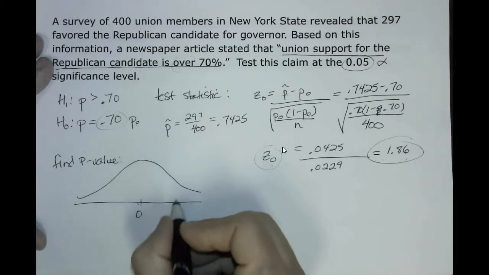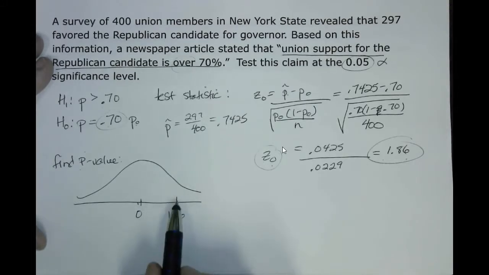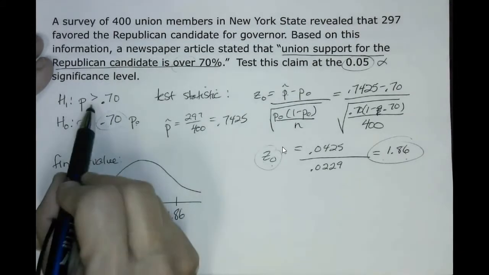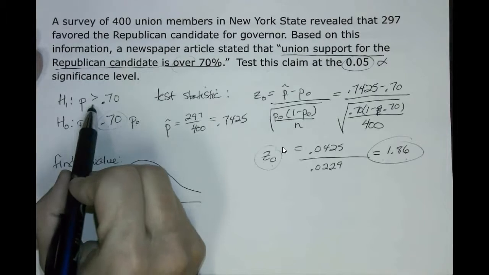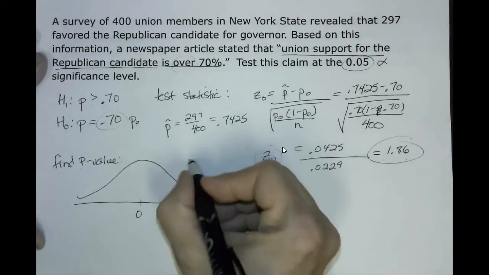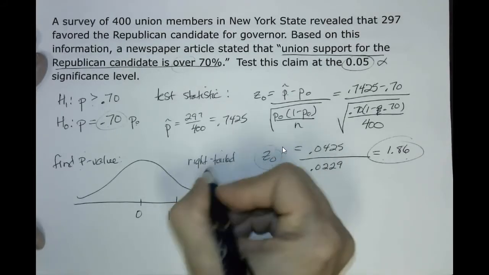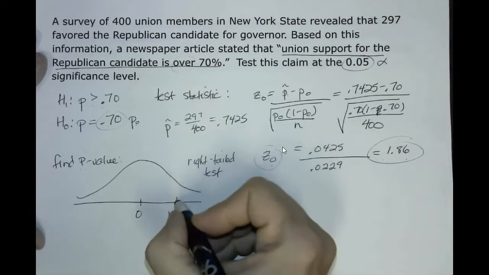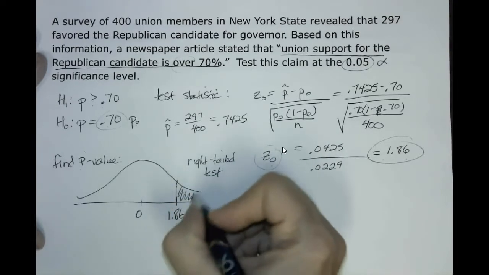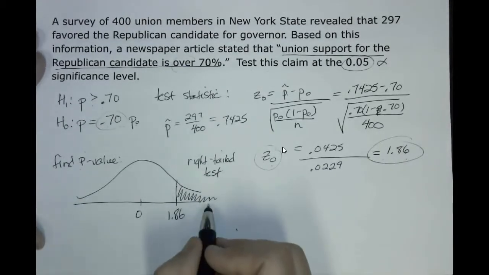So 0's in the middle. Our test statistic would be here. And then to figure out which way this is going, we go back and look at our hypothesis. Since this is pointing to the right, that makes this a right-tailed test. And that means we're going from our test statistic to the right. So we're trying to find this probability.